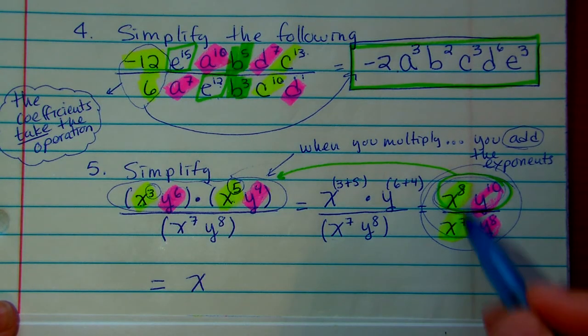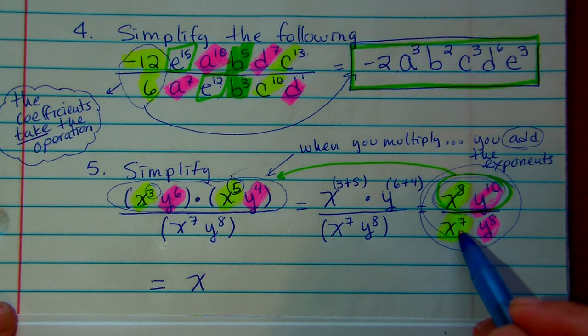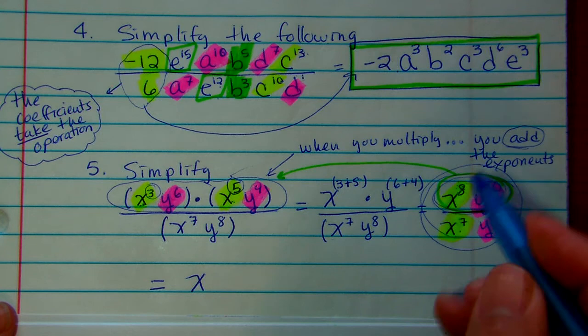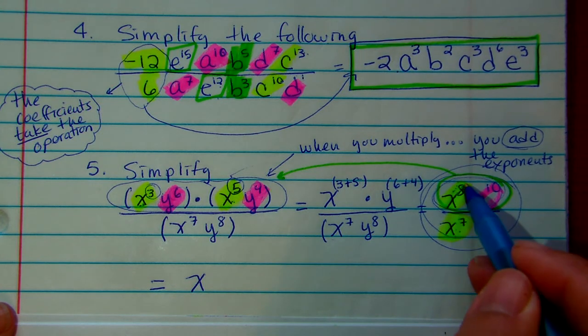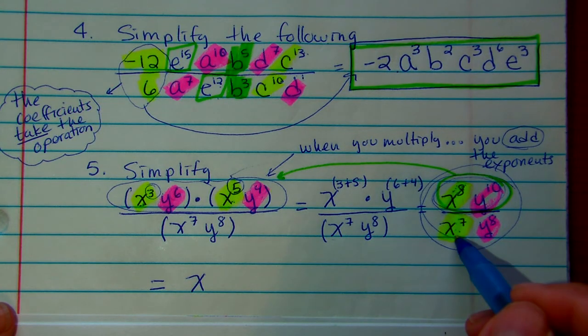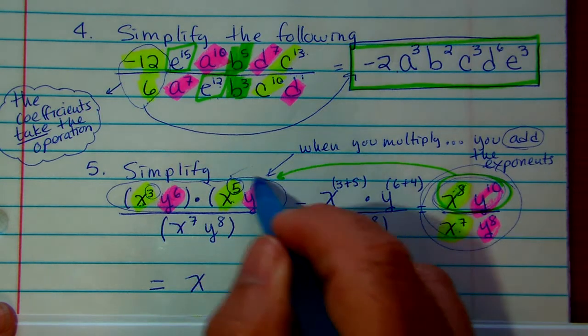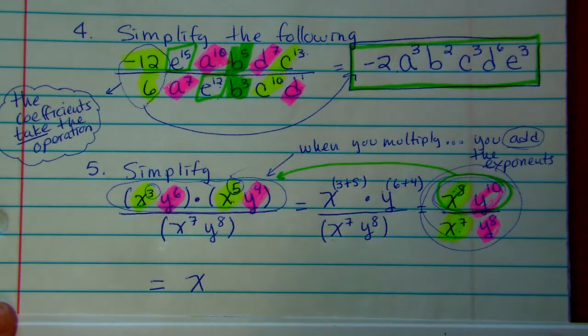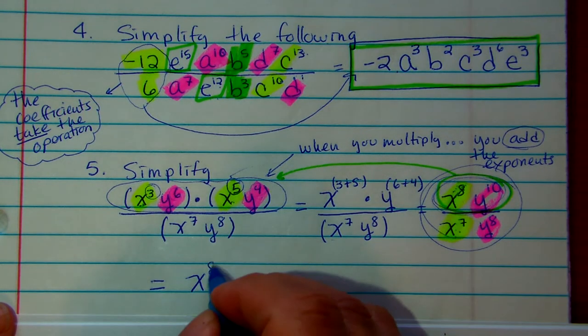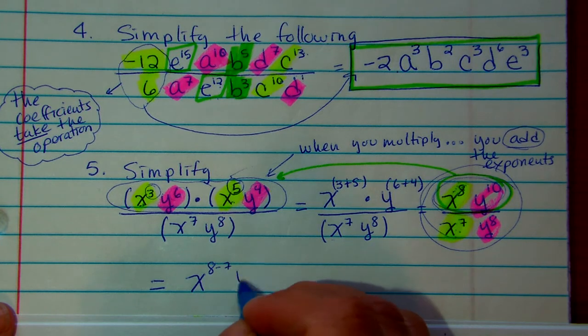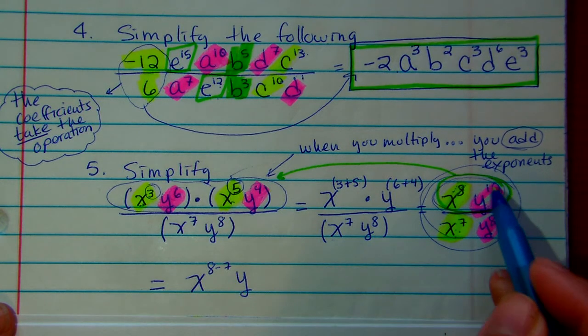Now we have a division. When you divide, subtract the exponents. You're dividing x to the power of 8 by x to the power of 7. And you got this result, x to the power of 8, after simplifying first the multiplication. So we're going to subtract 8 minus 7. And then for the y, 10 minus 8.